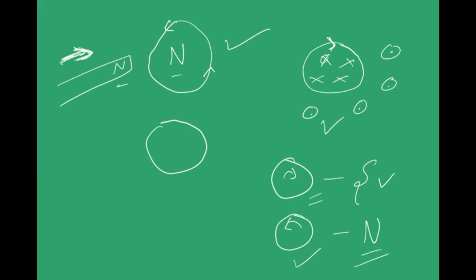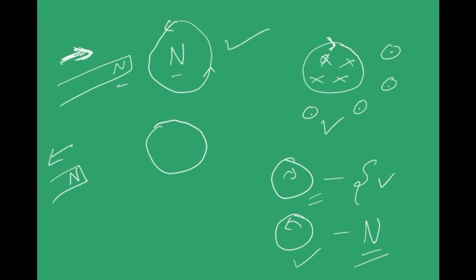And take another example. If you have a loop here, and your magnet is taken away, again the induced current should oppose this magnetic flux change. So when can it oppose? The north pole is going away, so to stop this motion, it should attract it back. You know that like poles repel and unlike poles attract, right?